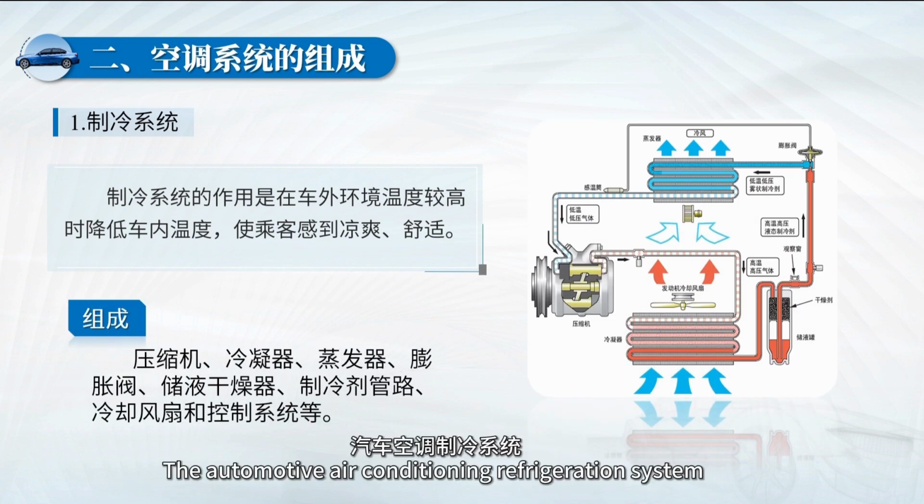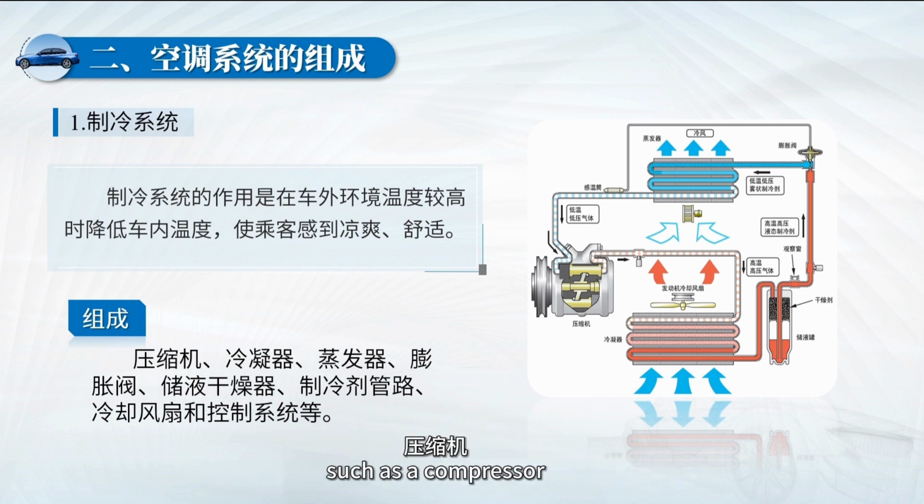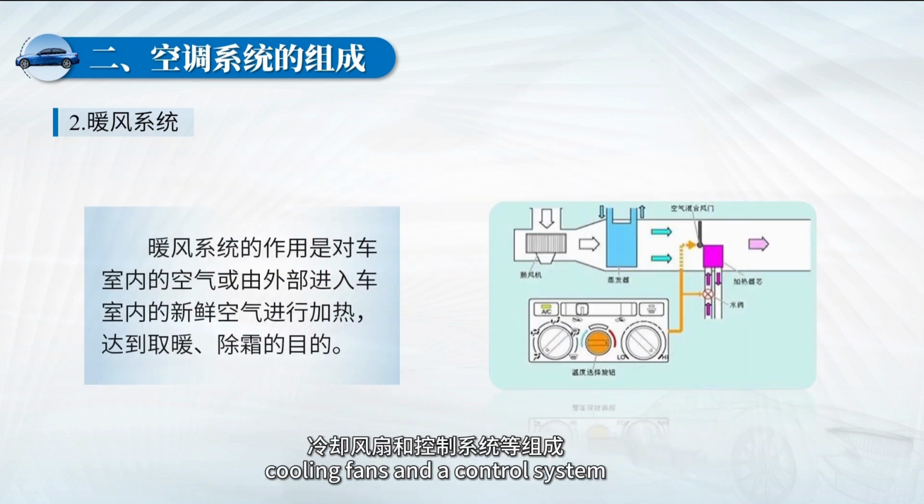The automotive air conditioning refrigeration system comprises components such as compressor, condenser, evaporator, expansion valve, liquid storage dryer, refrigerant lines, cooling fans, and a control system.